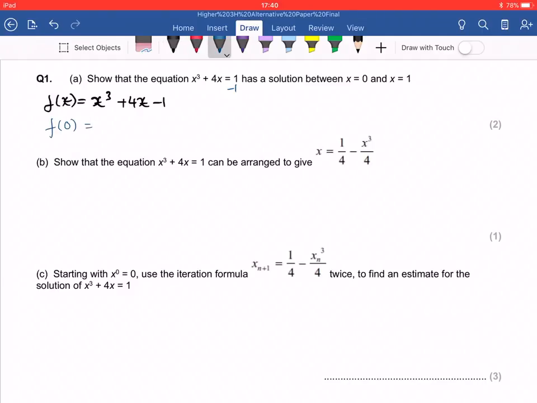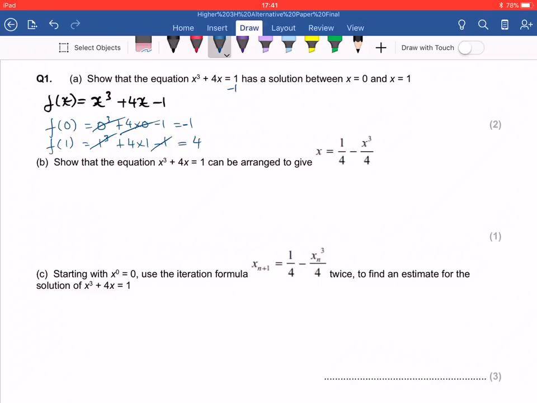So I substitute 0. Whenever I see x, I substitute 0 in. So that's 0 cubed plus 4 times 0 minus 1. It's clearly minus 1, right? Great. Let me work out f of 1. That's going to be 1 cubed plus 4 times 1 minus 1. Luckily, these ones cancel out, so my answer to that one is 4.